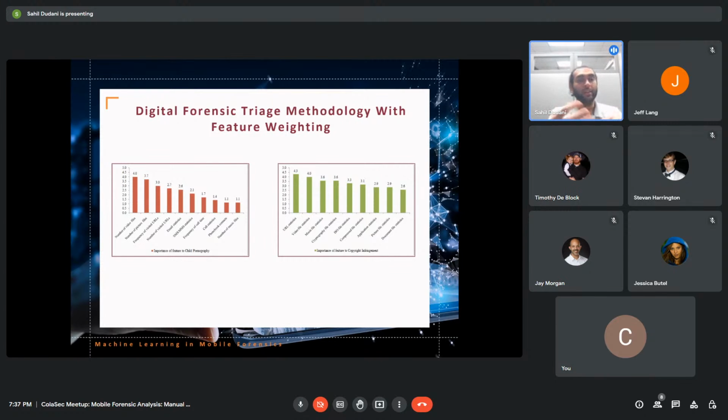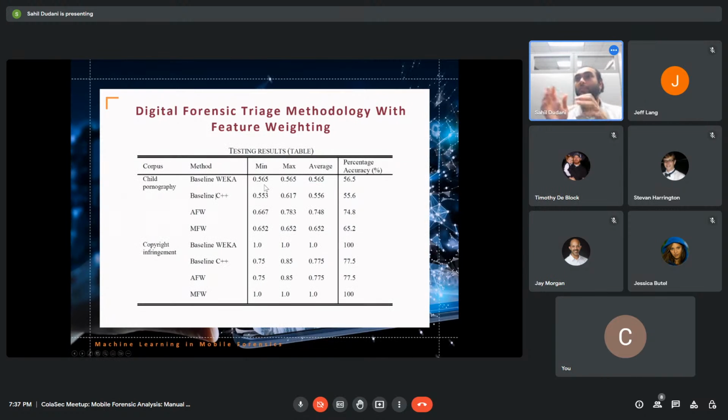That's where we need to translate the knowledge of certain investigators into a machine learning model to make sure that it takes the right decision every time, without depending on the background knowledge of the investigator. Next I'm going to show you the results of this.